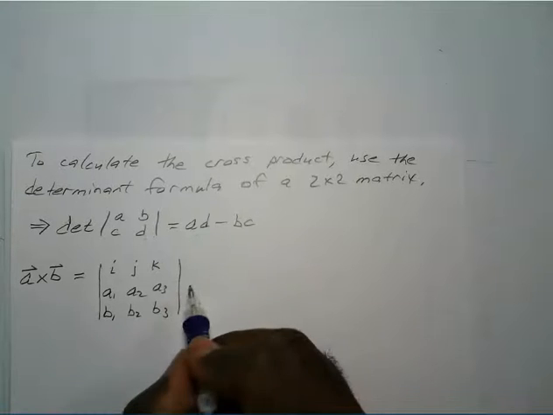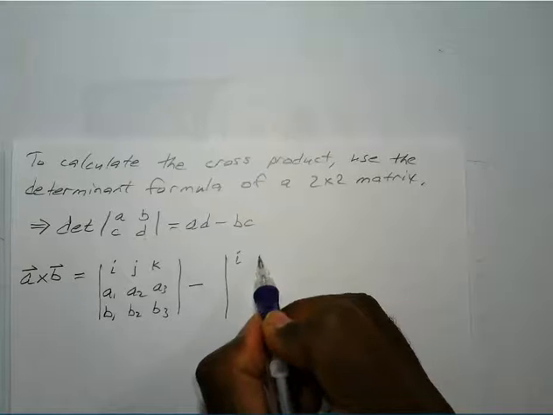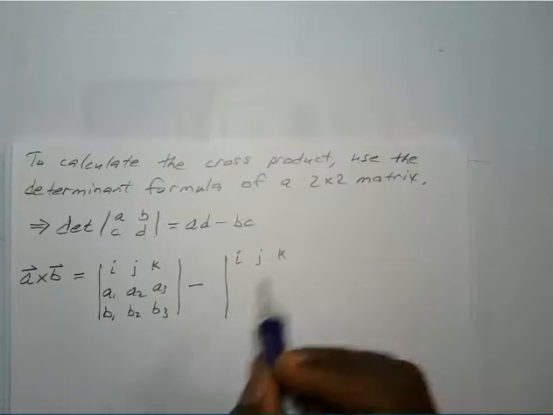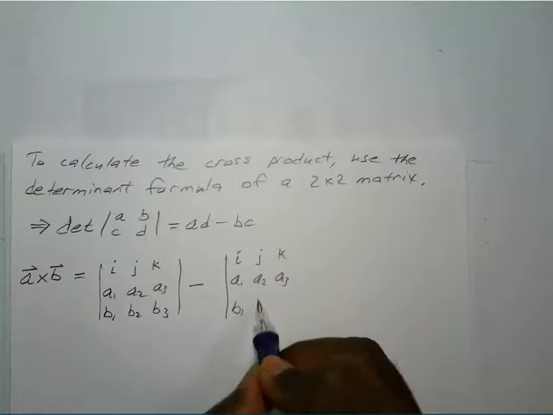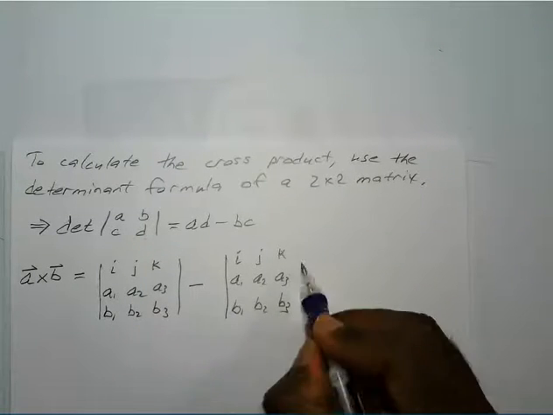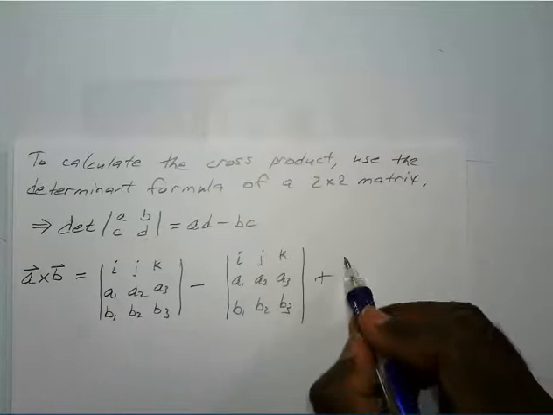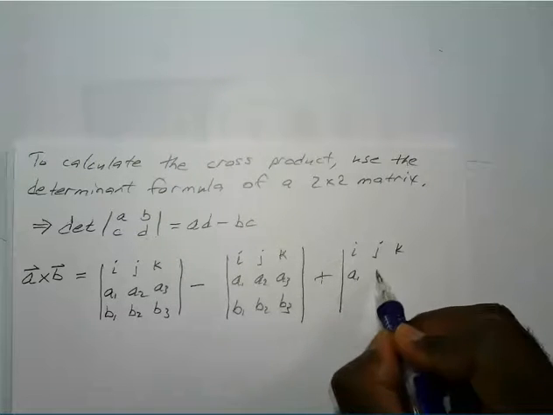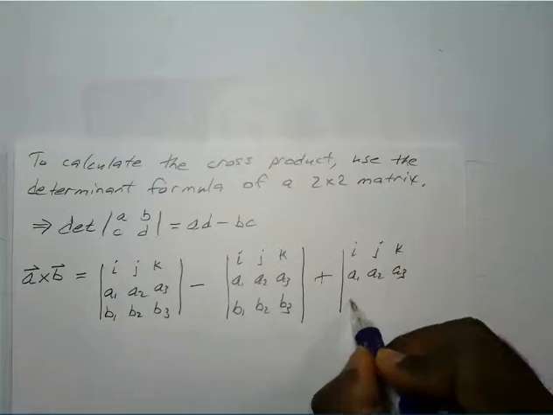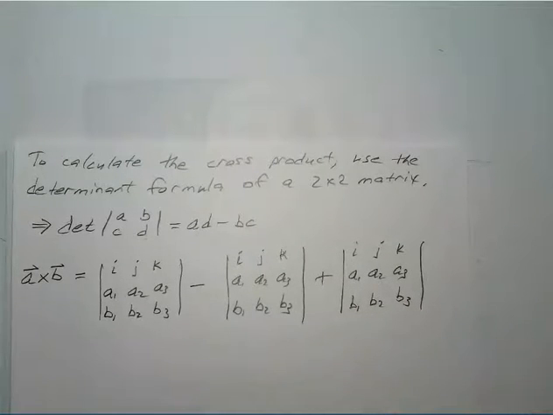Then we're going to go minus, and draw that out again: i, j, k, A1, A2, A3, B1, B2, B3. Then one more, but this time it's plus: i, j, k, A1, A2, A3, B1, B2, B3. That's just starting out.